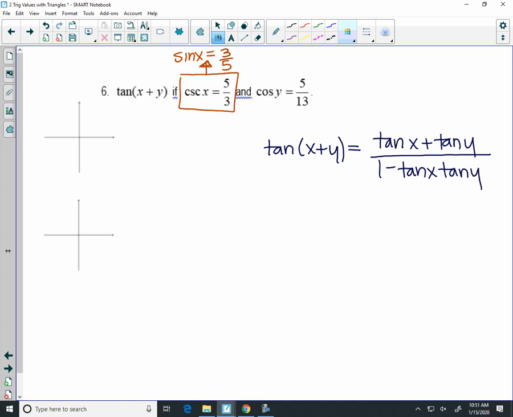So once we get our triangles drawn, we need tangent for both triangles. And tangent, if we're thinking SOHCAHTOA, is opposite over adjacent, right?